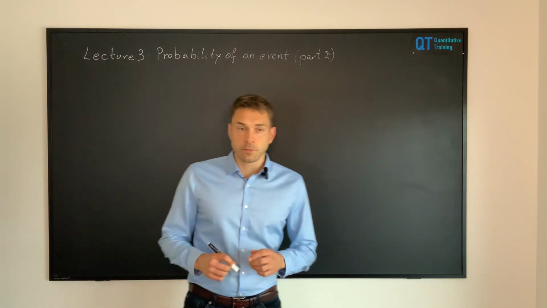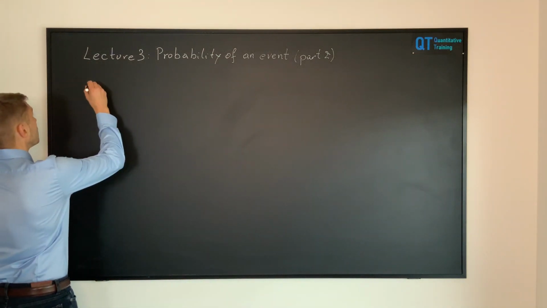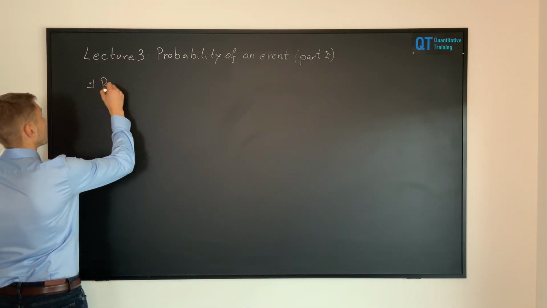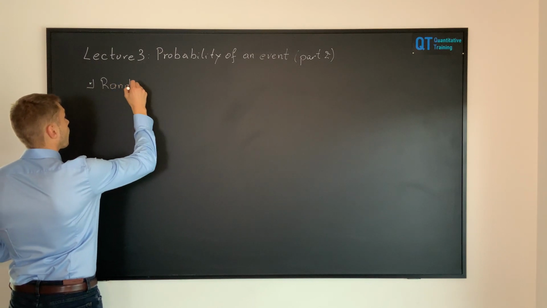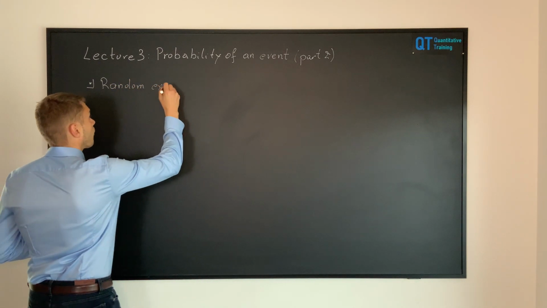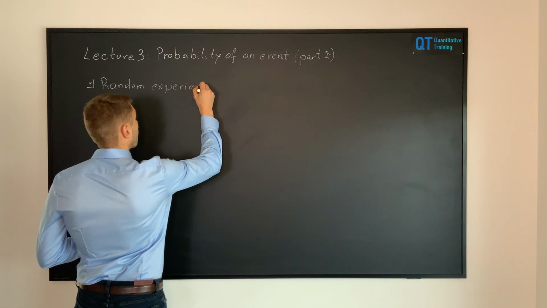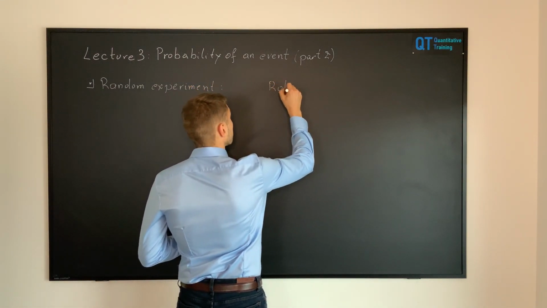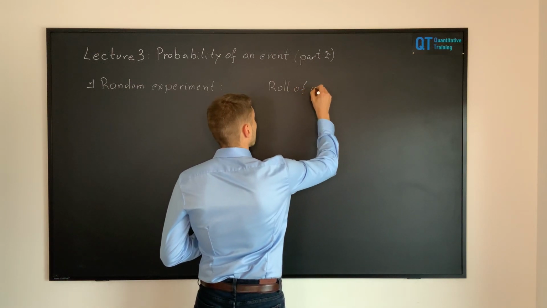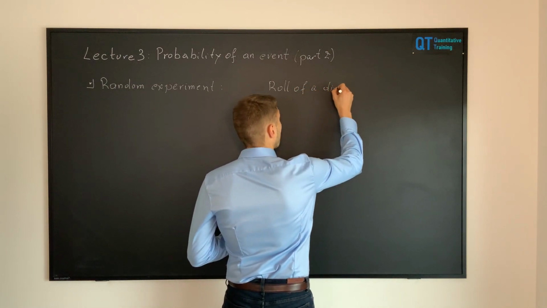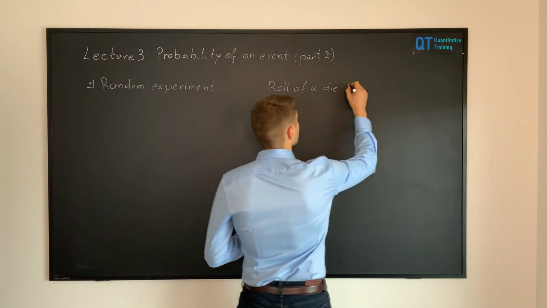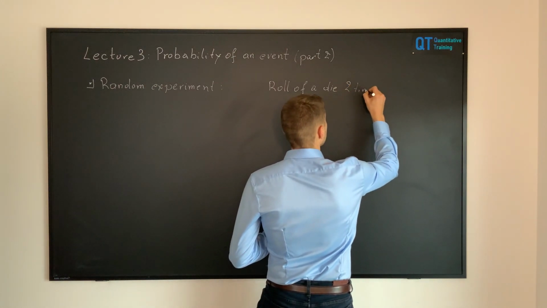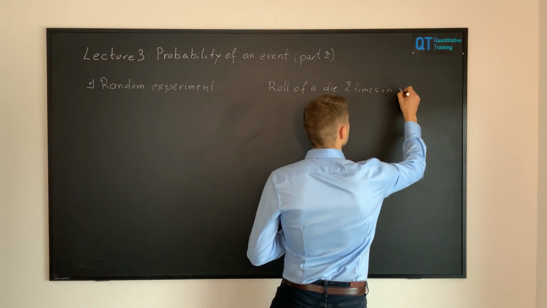So as a random experiment, we have the roll of the die two times in a row.